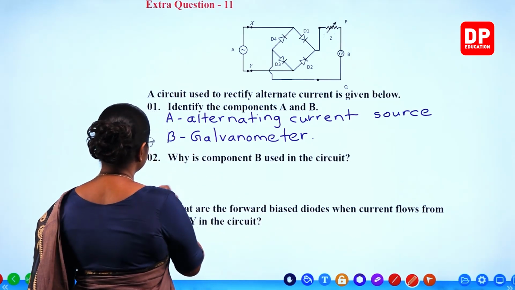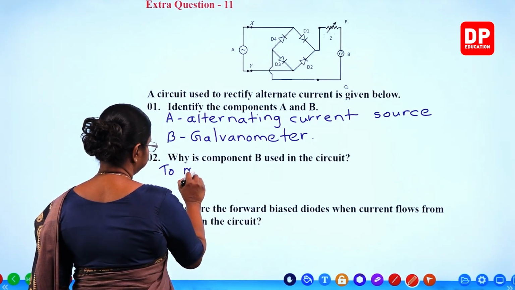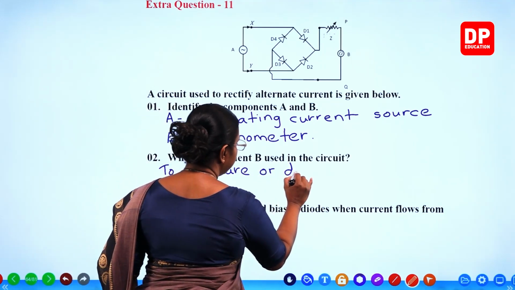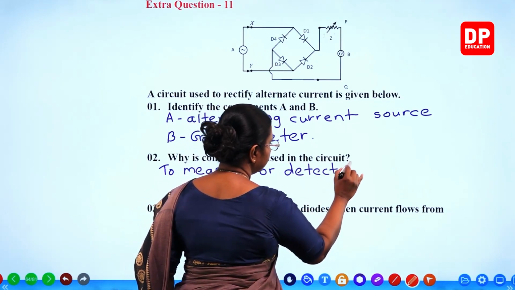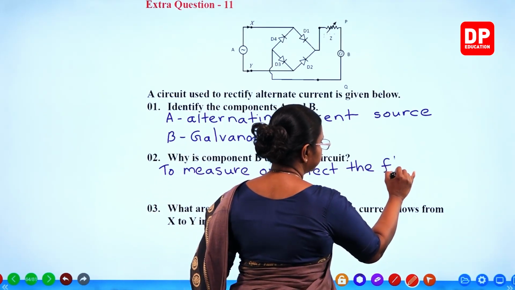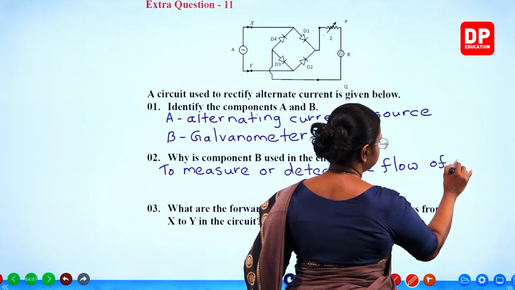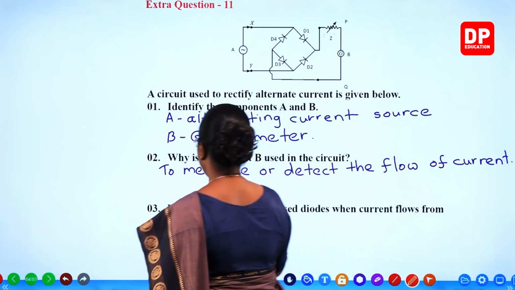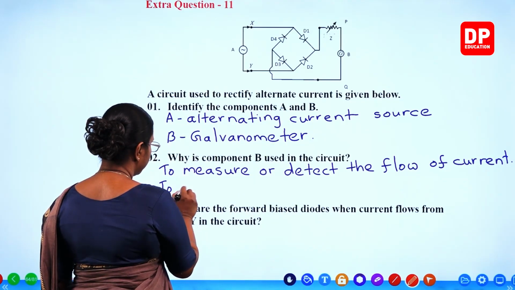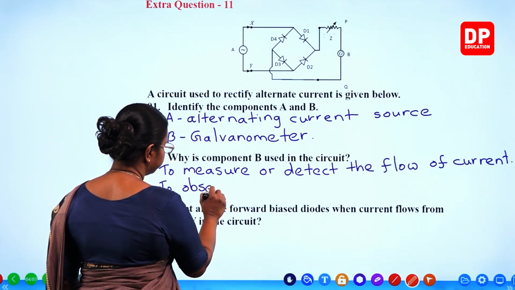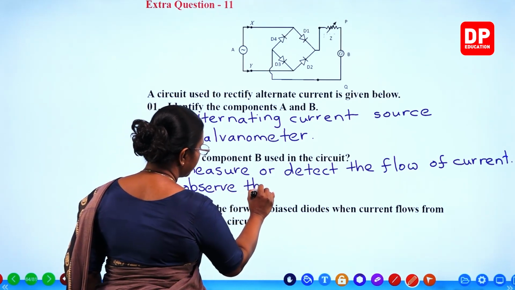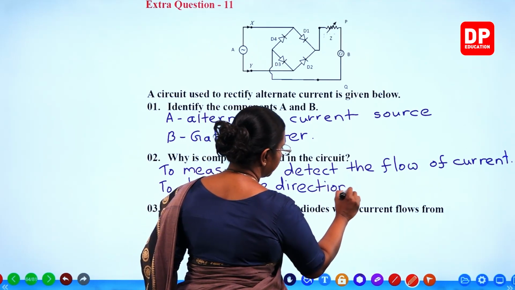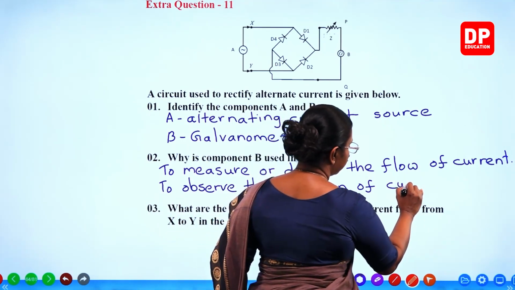Or we can say, to measure or detect the flow of current and to observe the direction of current flow.